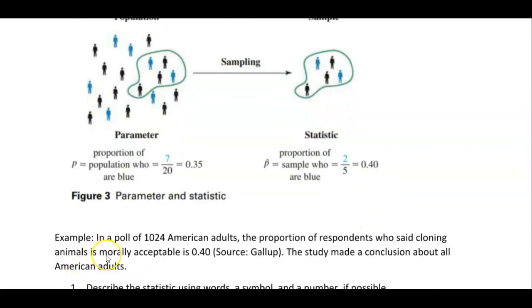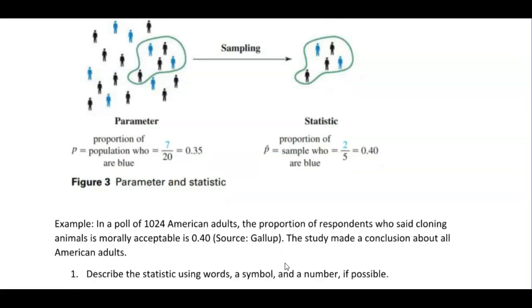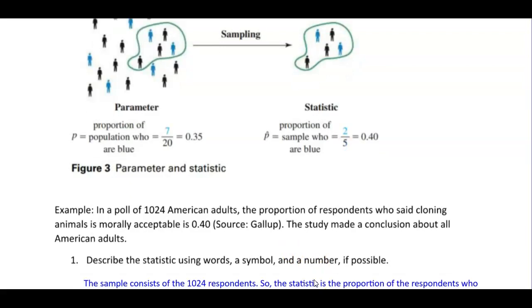Now, an example. In a poll of 1,024 American adults, the proportion of respondents who said cloning animals is morally acceptable is 0.40, the source being Gallup. The study made a conclusion about all American adults. Number 1, we want to describe the statistic using words, a symbol, and a number if possible.